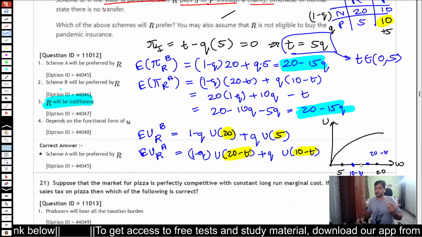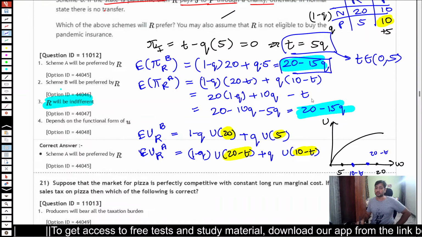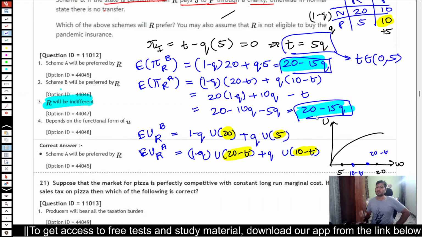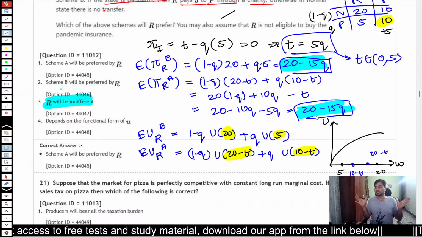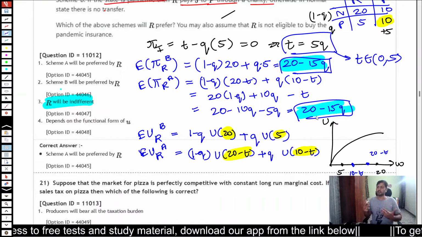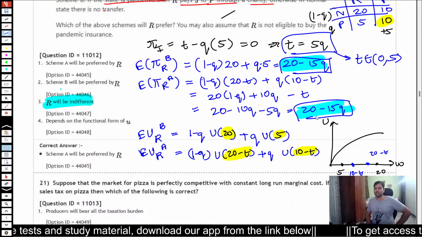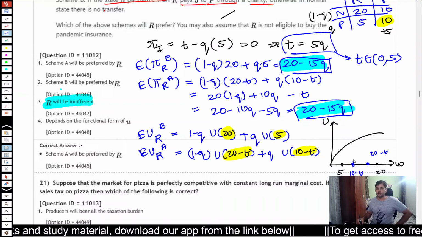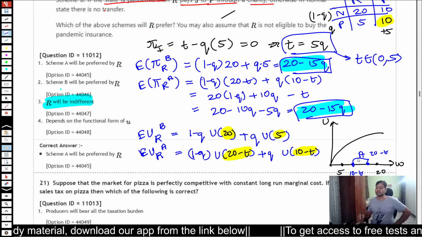So the expected wealth is the same. Now both these parts are very crucial here: the expected wealth is the same, but the wealth is less dispersed in case of taxation, that is in case of insurance. So when insurance is applicable, which is in case of policy A, the wealth is less dispersed.